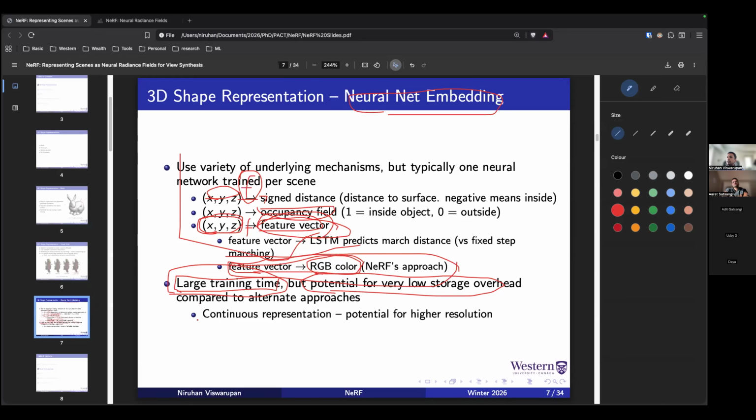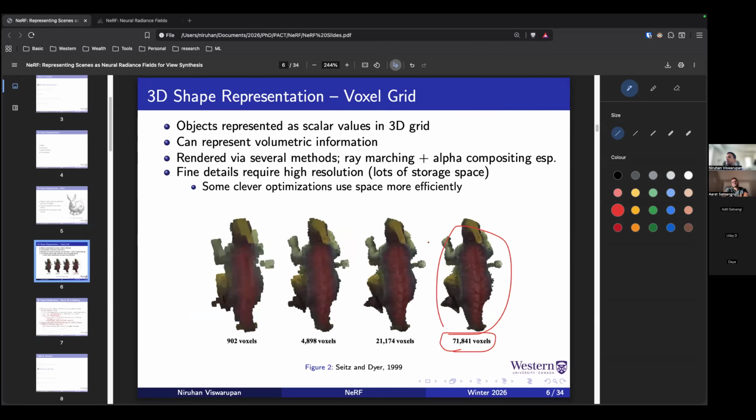Also, this is a continuous representation. What I mean by continuous representation is, here there's a limit. If there are two voxels, let's take this voxel and this voxel, there is nothing in between. This is light green, this is dark green. Even if you query one point here and one point next to it, if they fall within the same voxel, there is no difference, and they get the same information. Then there is a discontinuity here, and you start getting other values.